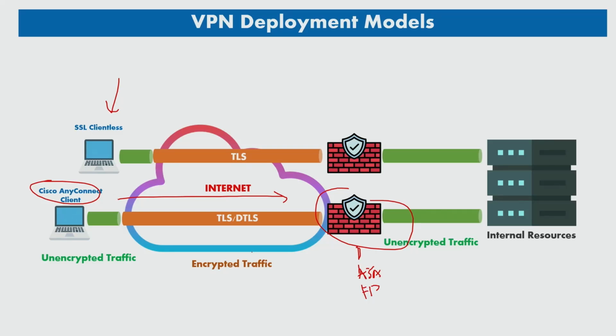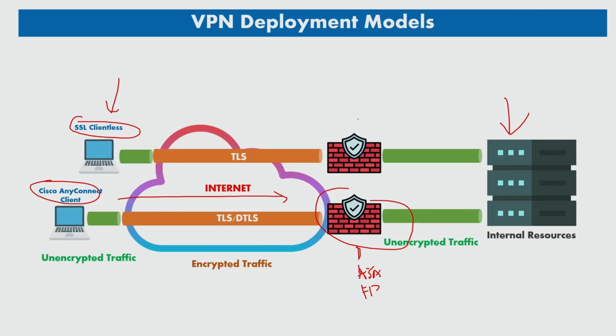Now, users can also use a web browser to create a secure remote access VPN tunnel to the VPN gateway with the clientless SSL VPN. Here, there's no need for a client, either software or hardware. From almost any computer that can reach the VPN gateway over HTTPS, clientless SSL VPN provides easy access to a wide range of web resources and both web-enabled and legacy applications.